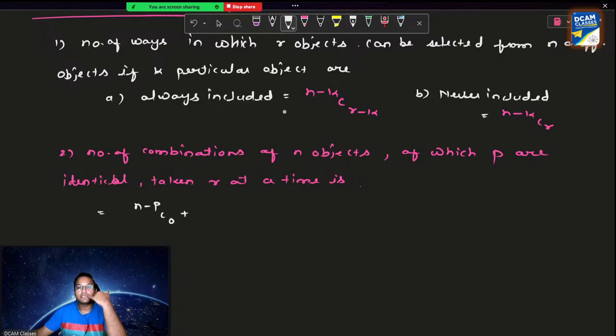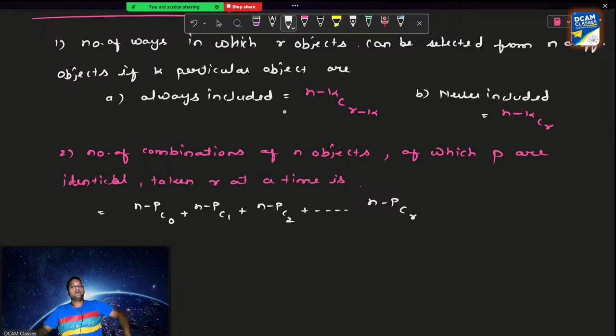So the possible cases are n minus p C0, n minus p C1, n minus p C2, and so on, n minus p C r. But p we have taken as one, counted as one, we will be multiplying it with this, so the answer won't change. It's the case when r is less than or equal to p.